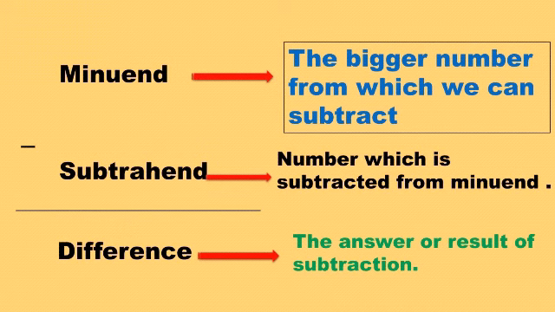Subtrahend is the number that we subtract from the minuend. And difference, you know that difference means the answer or result of subtraction. So minuend is the bigger number, subtrahend is the number which is subtracted from the minuend. Minuend is written in the upper part, subtrahend is written below the minuend, and then the difference.